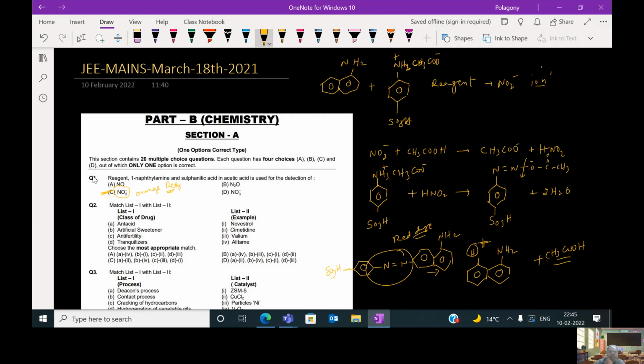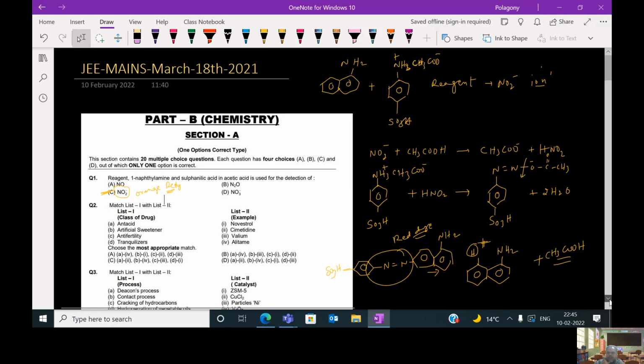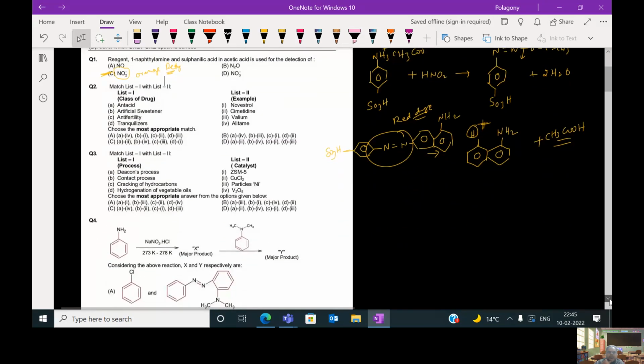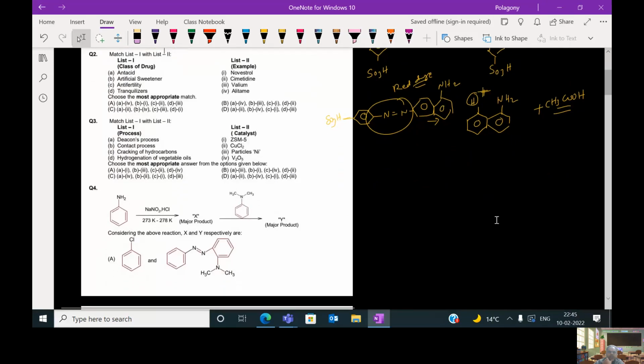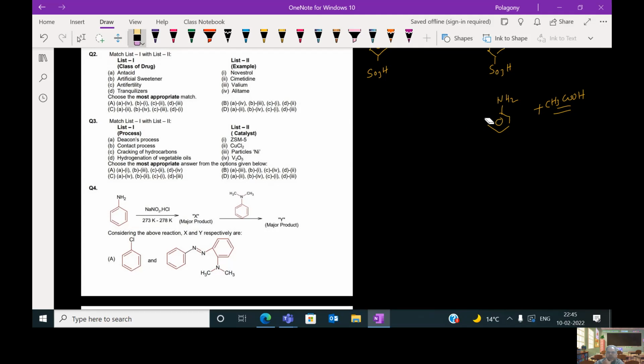Okay, now let us move to the second question. The second question is match the following. What are the items given here? Antacid is cimetidine.